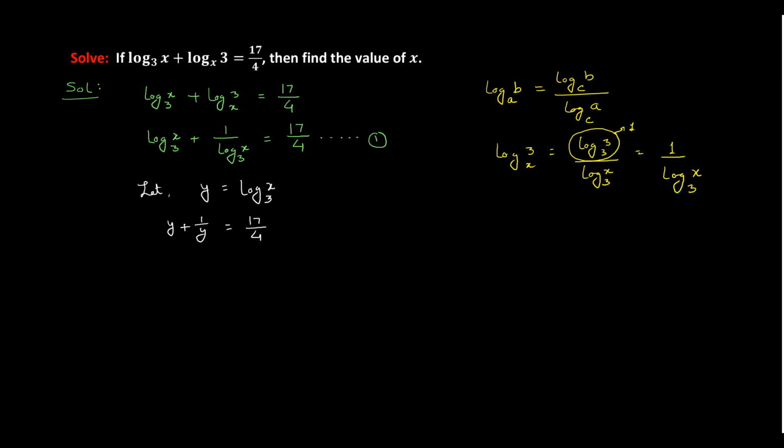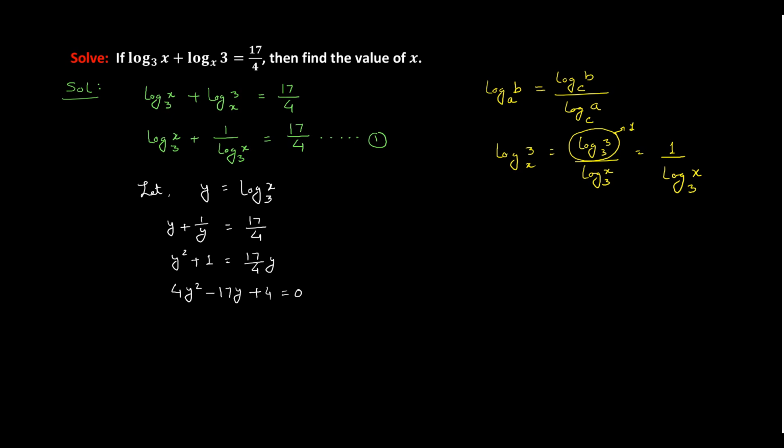If we multiply by y on both sides, we will get y square plus 1 is equal to 17/4 times y. Upon simplification, we will get 4y square minus 17y plus 4 is equal to 0.